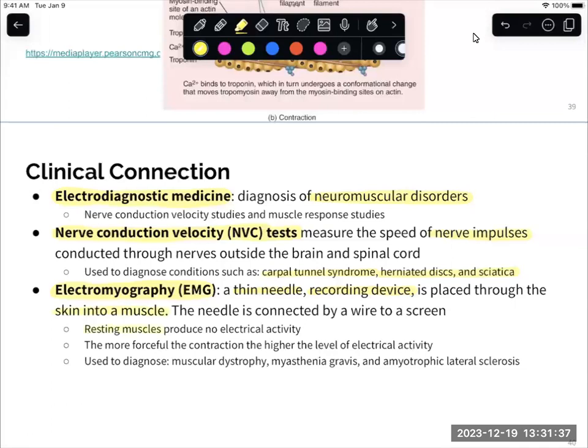If the muscle is resting, there's no electrical activity. If there's electrical activity present, it can cause a muscle contraction. So they can diagnose those muscle dystrophies, myasthenia gravis, or amyotrophic lateral sclerosis. We'll go through what these are at the end of this chapter.